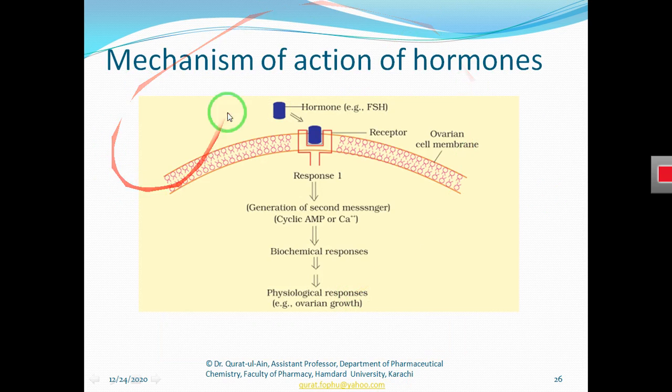However, other hormones have the receptor on the cell surface. So when the hormone binds with this receptor, it converts ATP into cyclic AMP, and then this cyclic AMP will initiate biological responses.